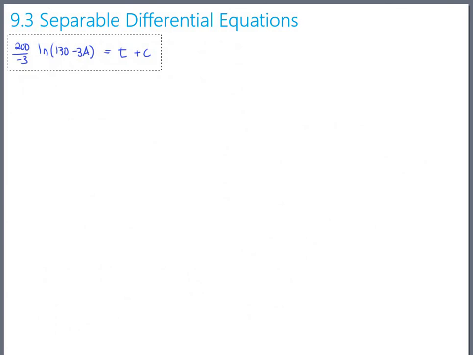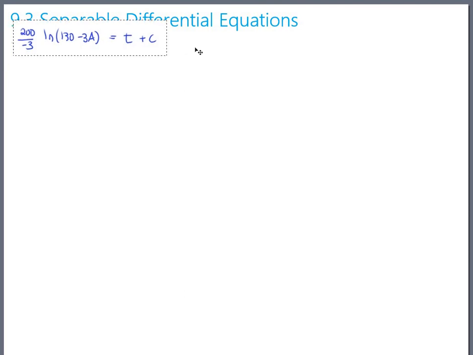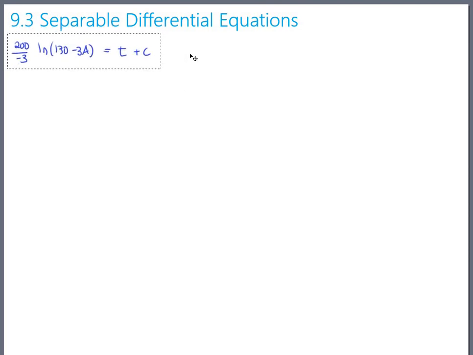Okay, so keep in mind that we had A of 0 equals 0. Let me go ahead and get that jotted down again. All right, we had A of 0 equals 0. That means we can solve for the C right now. So let's go ahead and do that.